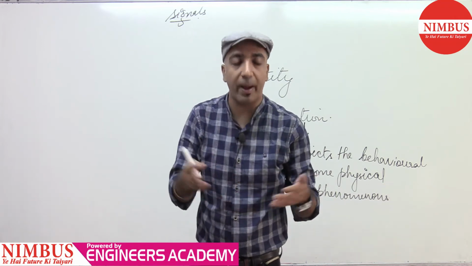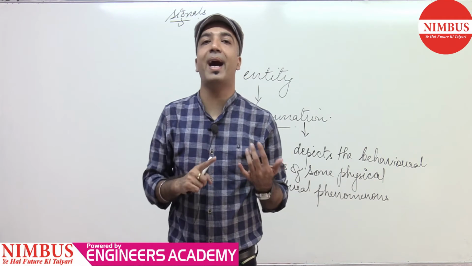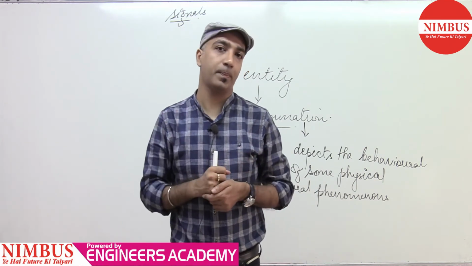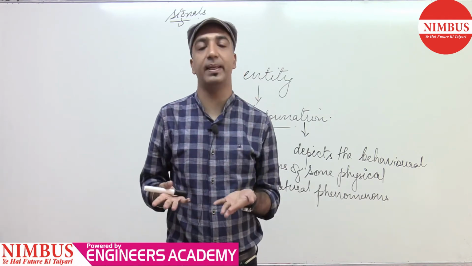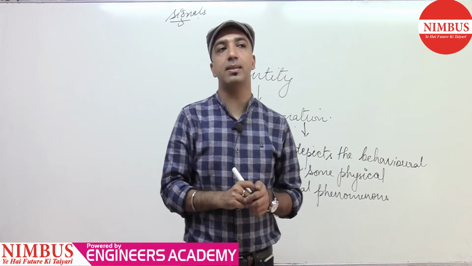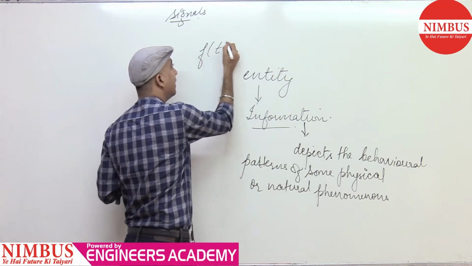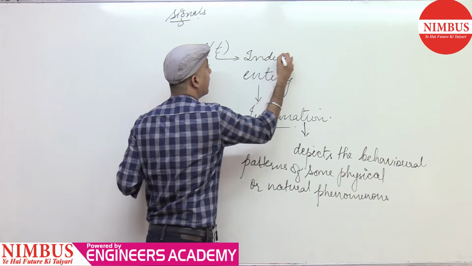So in all of my systems or in all my signals, I have chosen this independent variable as time, because time is the real axis over which we can perform anything practically. And one more important reason for choosing time is, now let me write it also, I have taken the function with an independent variable as time.